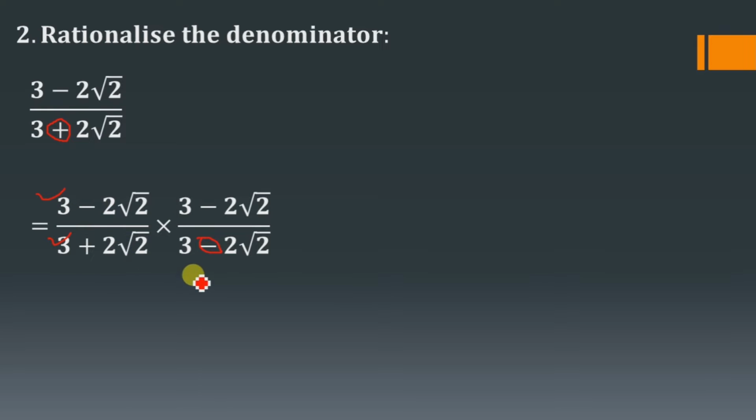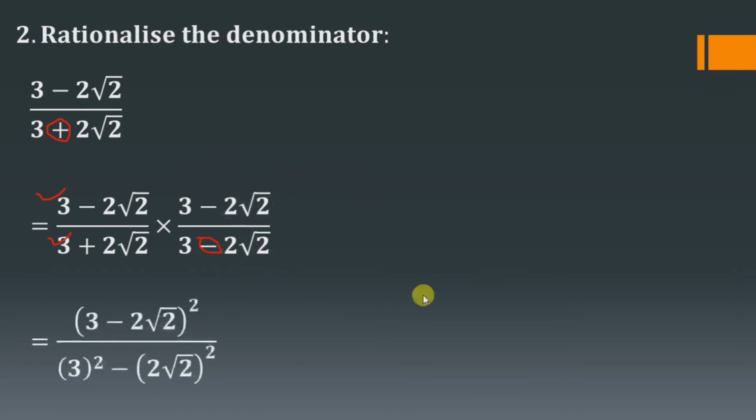Now after multiplication, 3 minus 2 root 2 into 3 minus 2 root 2 can be written as 3 minus 2 root 2 whole square. In the denominator, this is in the form a plus b, a minus b, which can be written as a square, that is 3 square, minus b square, that is 2 root 2 square.